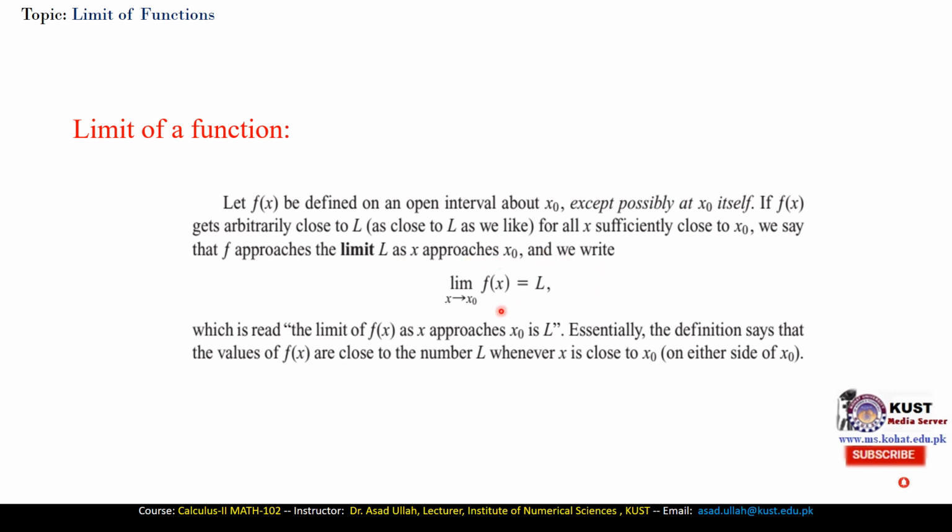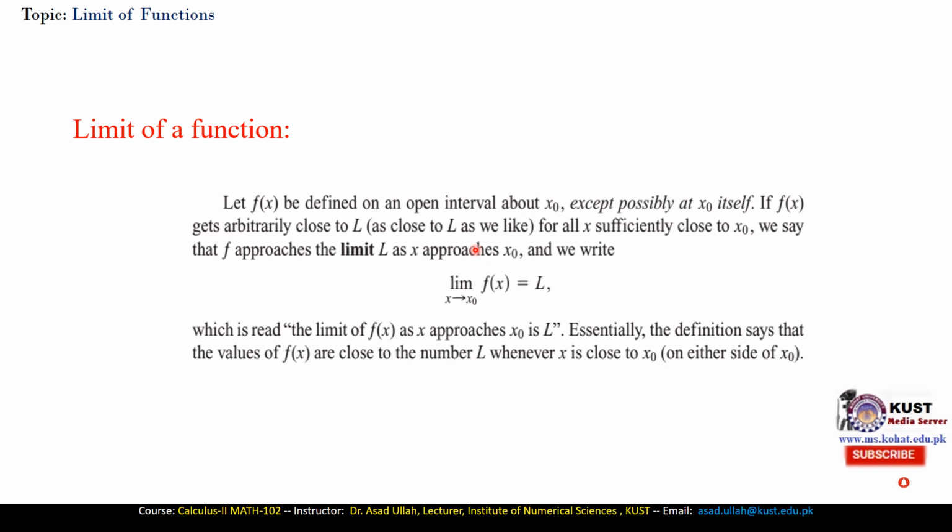Mathematically we write limit x tends to x naught f of x is equal to L. We say that the limit of a function as x approaches x naught is L. Essentially, the definition says that the values of f of x are close to the limit L whenever x is close to x naught on either side of x naught.